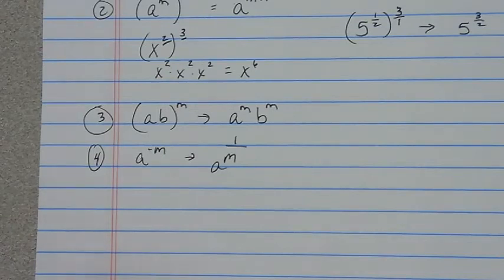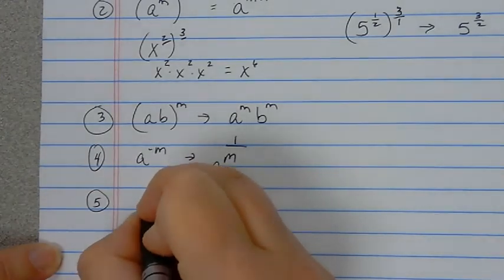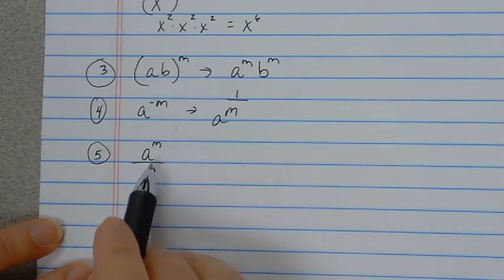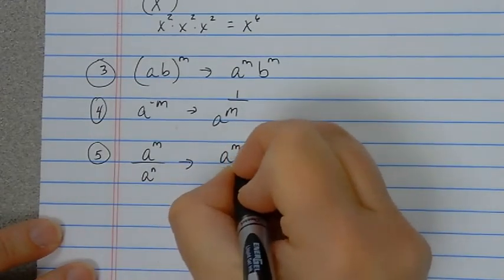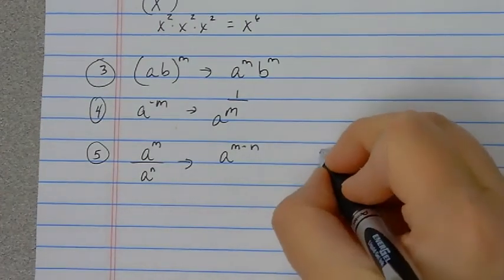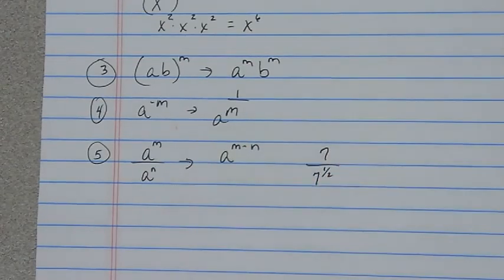The fifth property that we've talked about is dividing, where I have a to the m power over a to the n power. As long as these base numbers are the same, you're going to subtract the powers. We almost talked about them as if we were canceling, which would be true. Let's do one like that with a fraction: 7 over 7 to the 1/2 power.